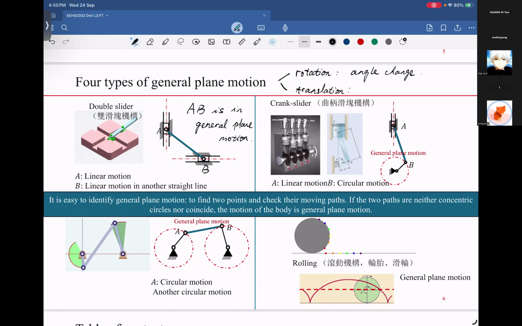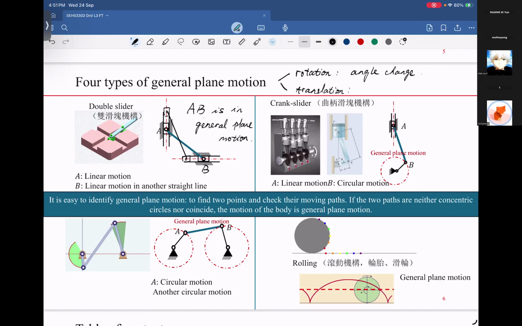Why? For one thing, it has an angle change. You can imagine a ladder standing on the wall. When the ladder slides down, there is an angle change, from maybe a vertical position right here to another position with a gentler angle.